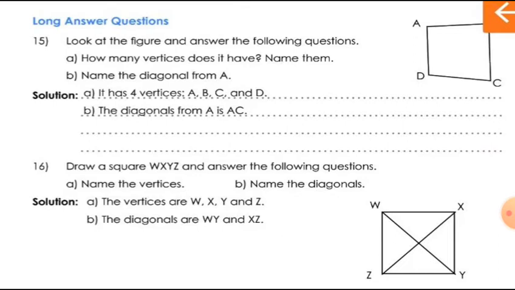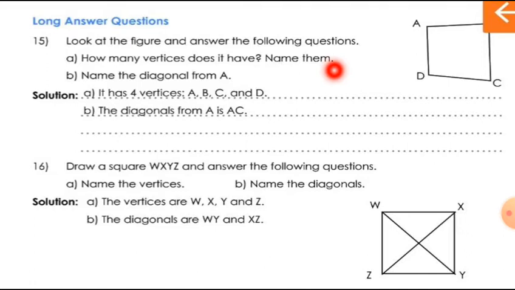Now my dear children, there are some questions in our workbook also. These questions are based on vertex and diagonal. So everyone look at the first one. Question number 15. Look at the figure and answer the following questions. How many vertices does it have? Name them.